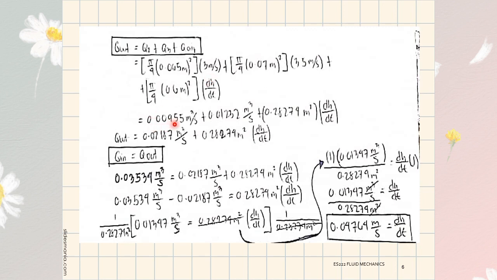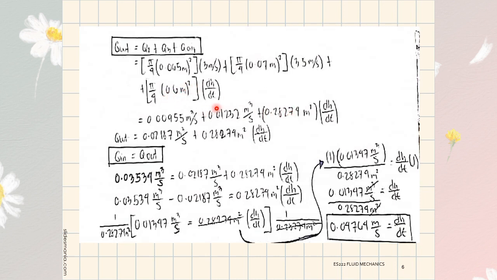0.00955 cubic meters per second, plus pi over 4 times 0.07 meter raised to 2 times 3.5 meters per second, which is equal to 0.01231232 cubic meters per second, plus pi over 4 times 0.6 meter raised to 2.